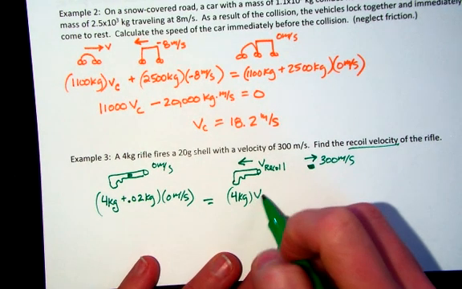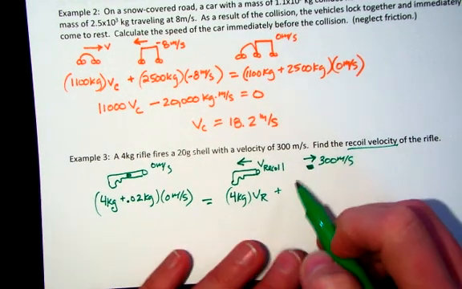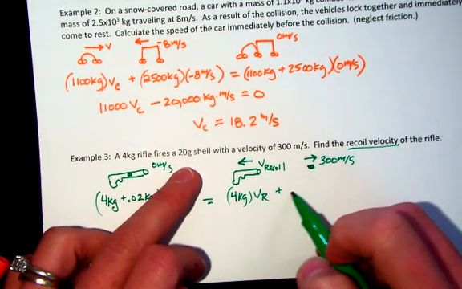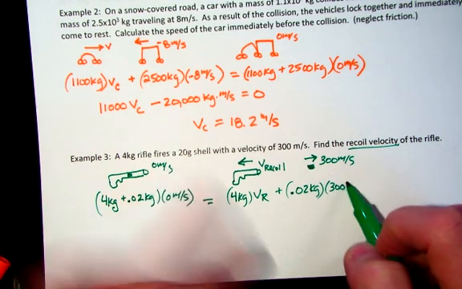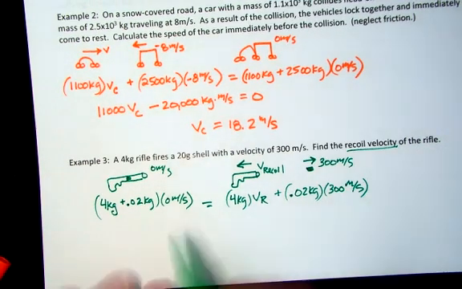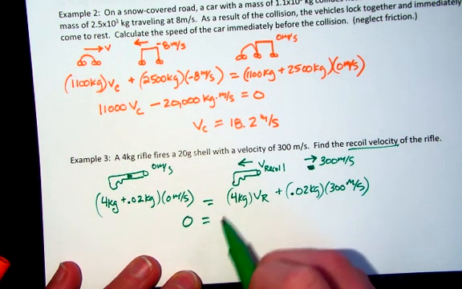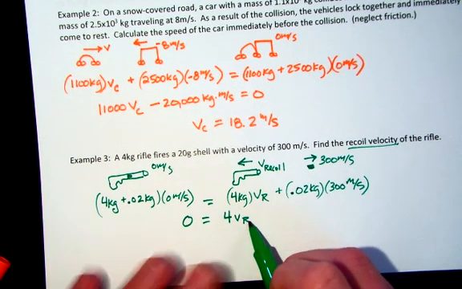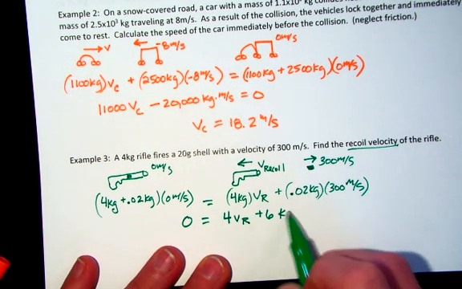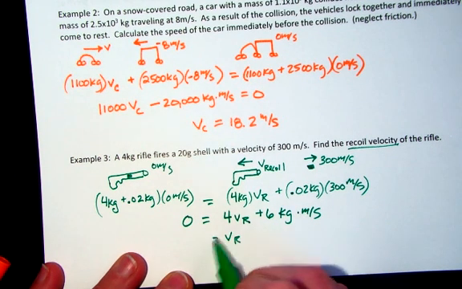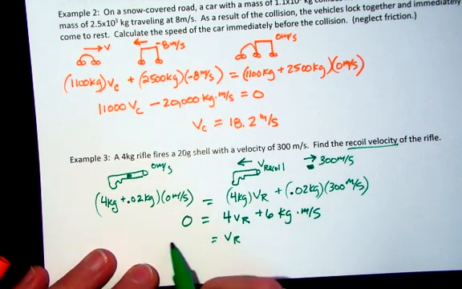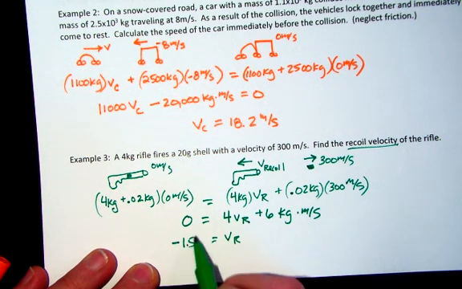So that's VR plus the mass of the bullet, 0.02 kilograms, and now it's moving at positive 300 meters per second. So we get 0 equals 4 VR plus 6 kilograms times meters per second. And when we solve, we get the recoil velocity is negative 1.5 meters per second.